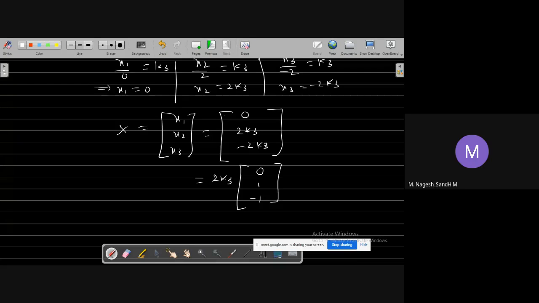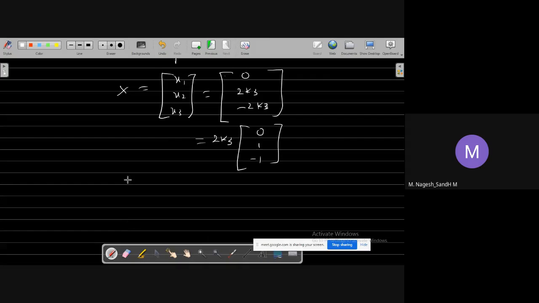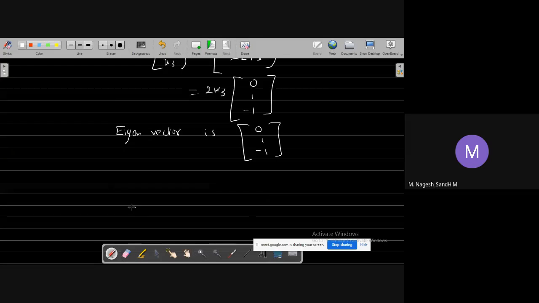So the eigenvector is 0, 1, minus 1. Okay, any doubt here? No, sir. Therefore, the eigenvalues are i, i, minus i.